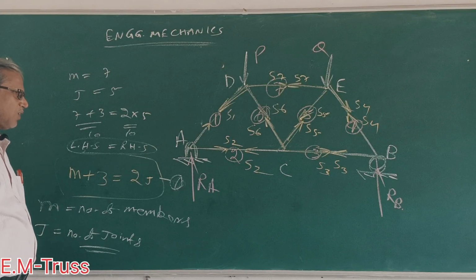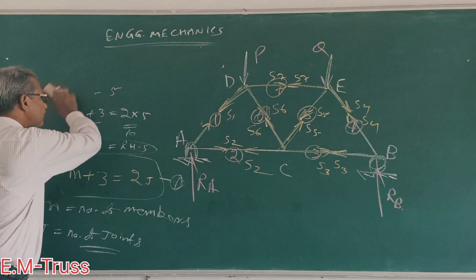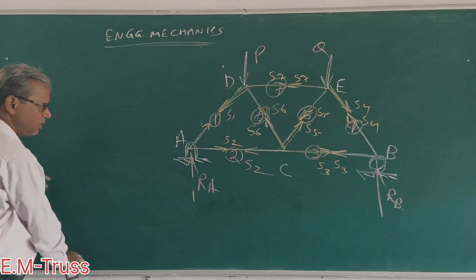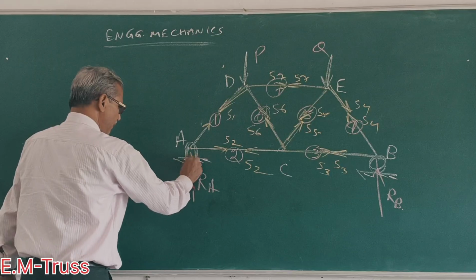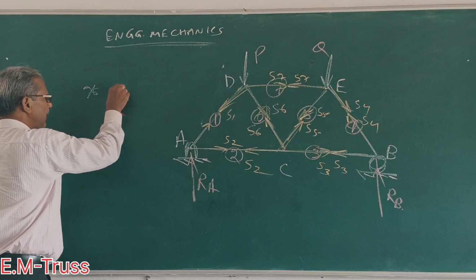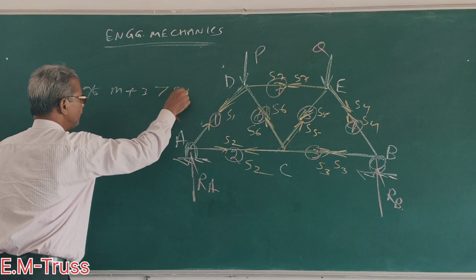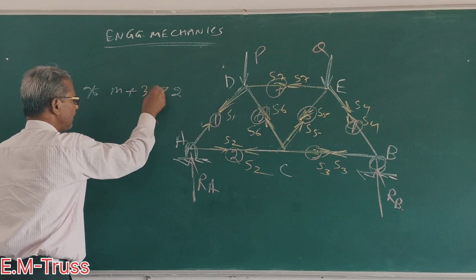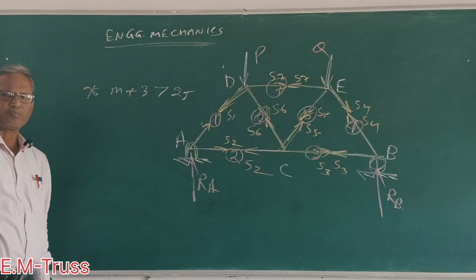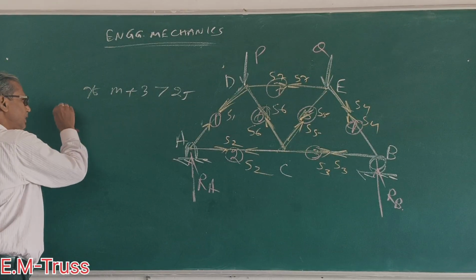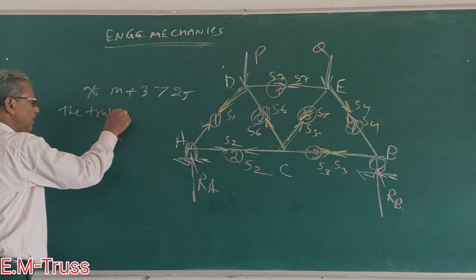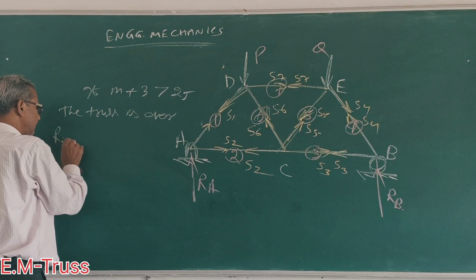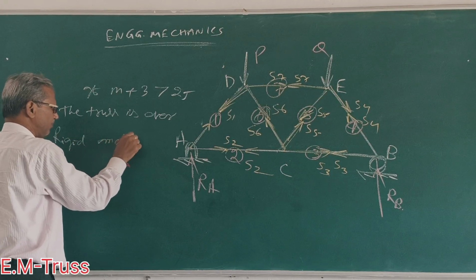Now, if m + 3 is more than 2j, then the truss is over rigid and indeterminate.